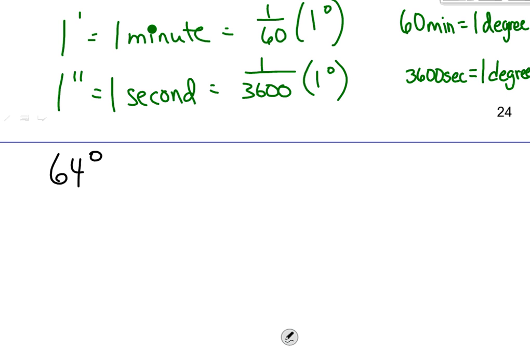So if I have 64 degrees, 32 minutes, and 47 seconds, I can convert to decimal degrees.